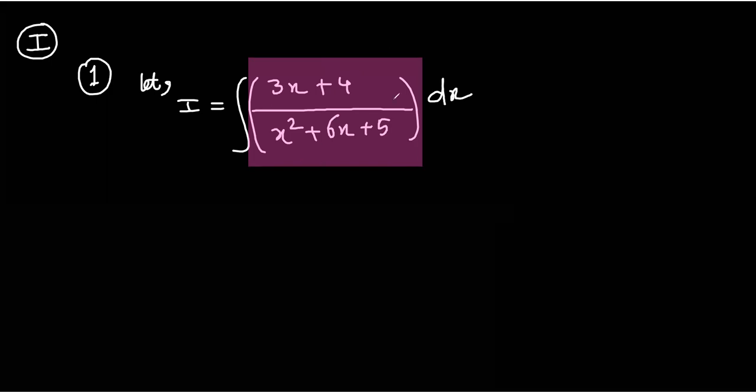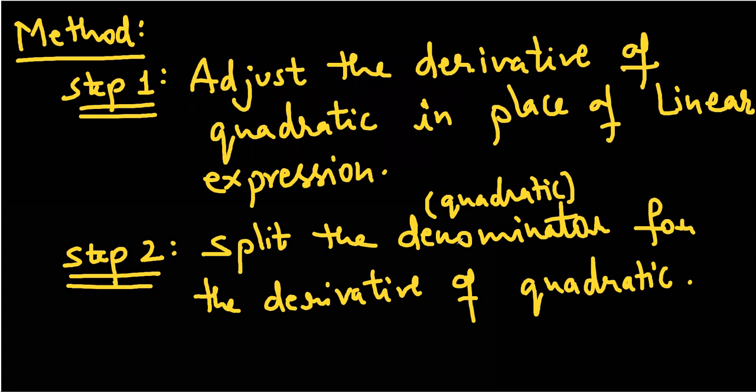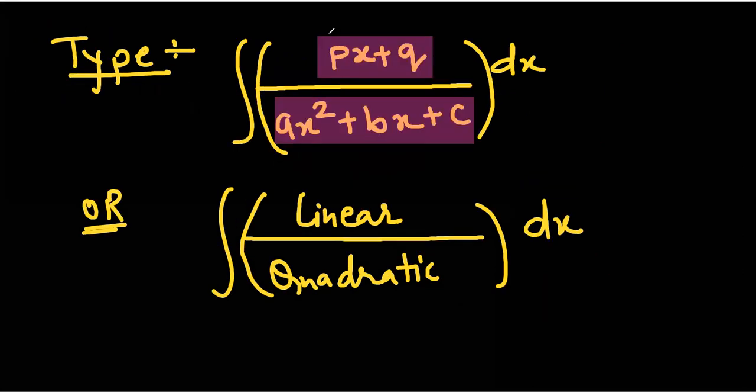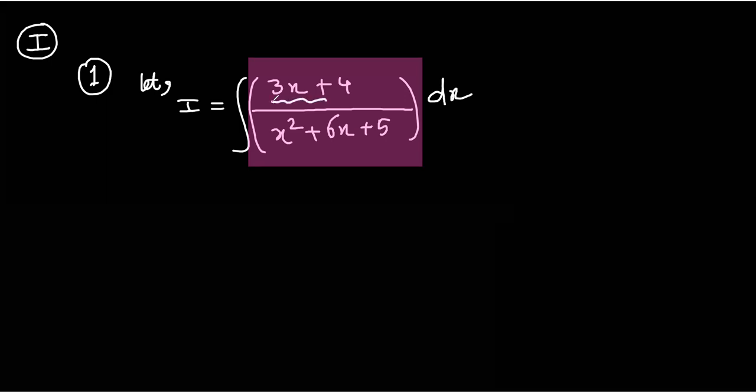I should transform this integrand in such a way that I can use a result on the transformed integrand. I have to write this in a different form. What was the first step? For linear upon quadratic, what I have is in the form px plus q upon ax square plus bx plus c. Here a is 1.